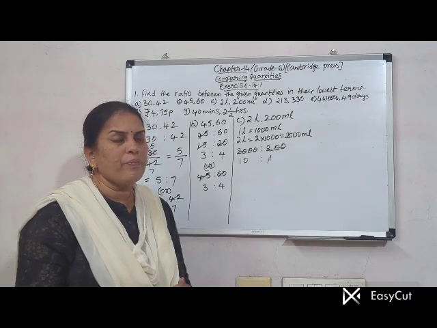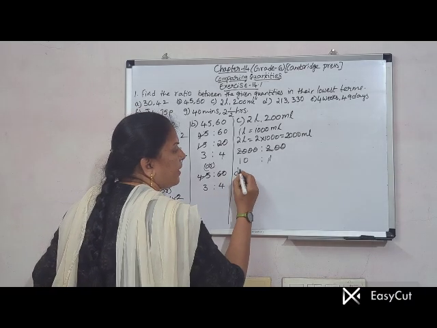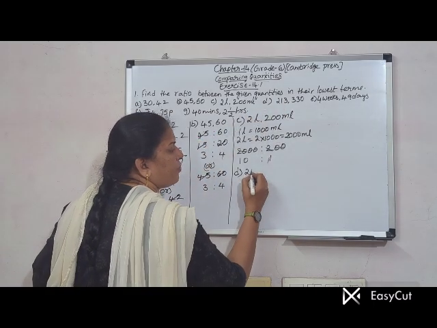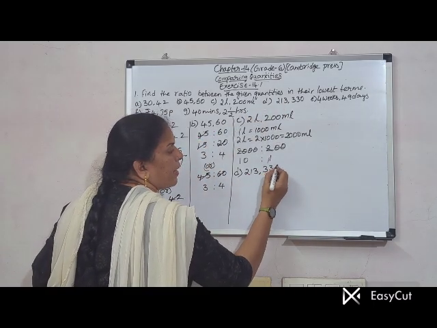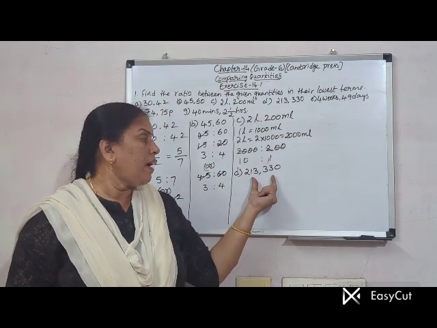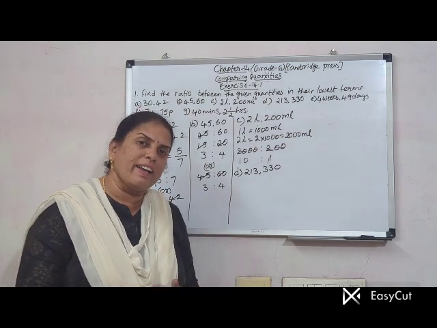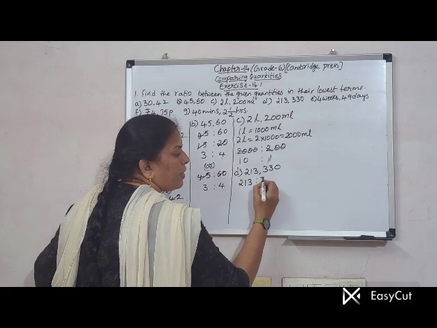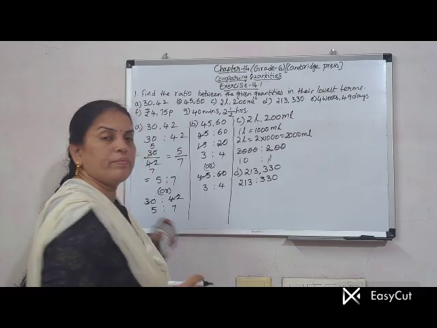All of you understood? Now, let's go to the D question. What is the D question? 213 and 330. Simply they have given numbers. Now, I will write these numbers in the form of a ratio. 213 is to 330. Understood?